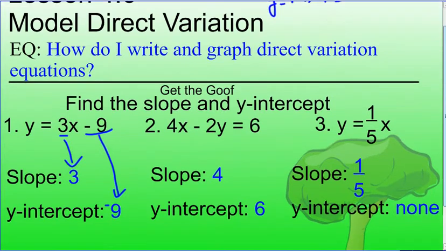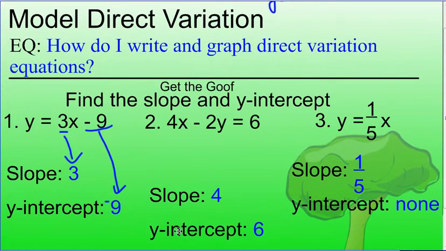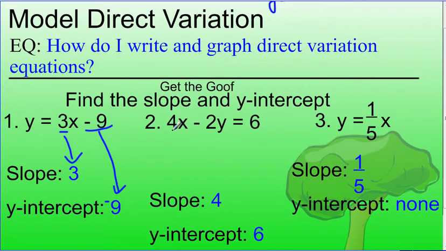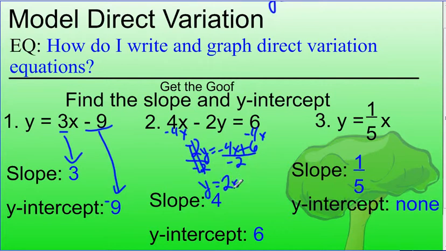So to do that problem, we have to get that. So this would be minus 4x, minus 4x. You get a negative 2y equals negative 4x plus 6. Divide by negative 2, divide by negative 2. These cancel. Y equals 2x minus 3.